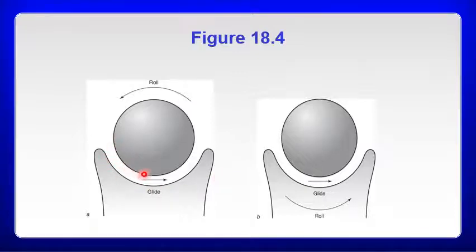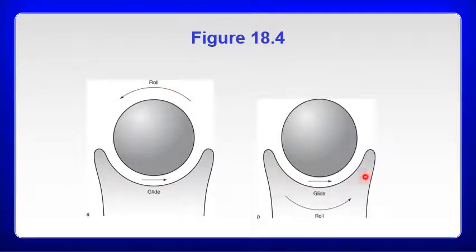Because this is your convex surface, okay? So always think a concave surface is like a cave, okay? So here's your convex surface. If the convex is moving on the concave, the roll and slide go in opposite directions, okay? So in the case we're just referencing anterior, posterior, the roll is going posterior, the glide's going anterior.